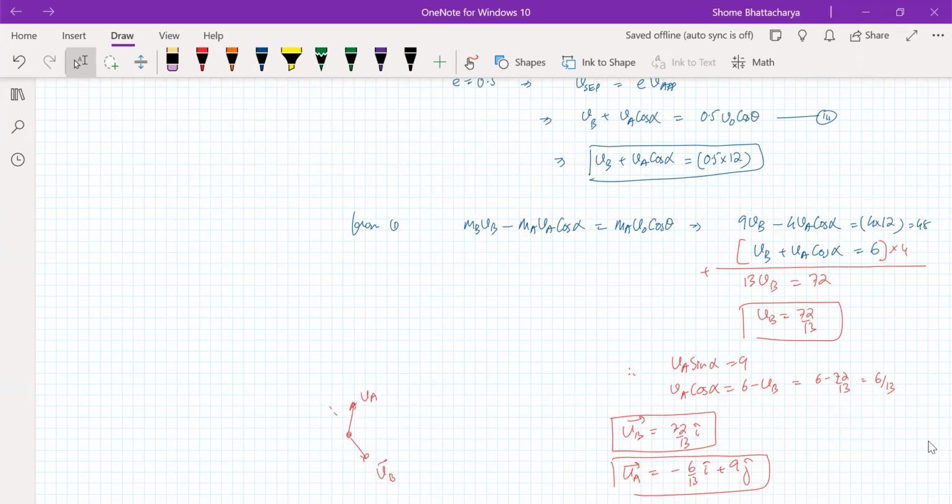You can see that they are at an obtuse angle with each other, because we have taken the y-axis and x-axis like this. If you want to find the angle between these two vectors, you can just use the dot product method: cos theta is VA dot VB divided by mod VA times mod VB.